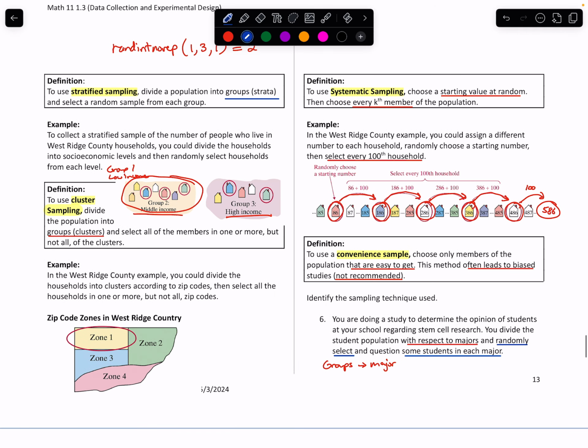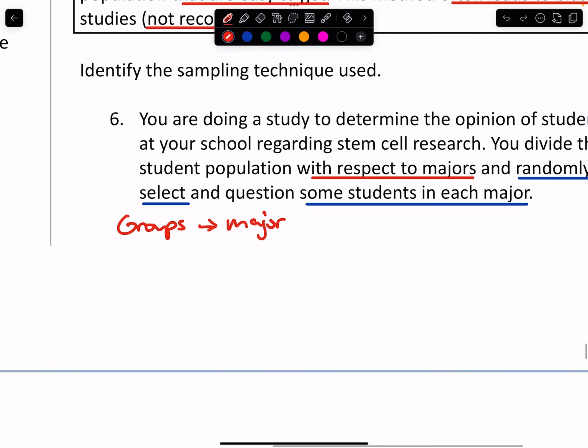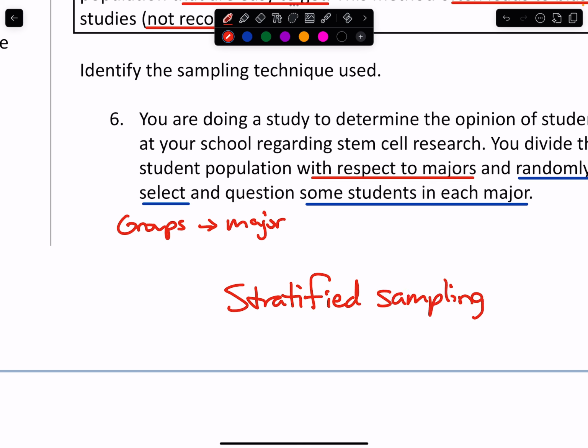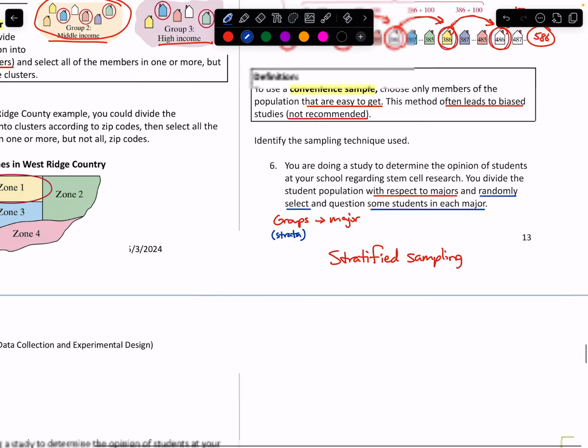Of our examples that we looked at on this page, the one where we group them and then select some in each major would be stratified sampling. We created groups, in this case known as strata, by major, and then selected a couple random kids in each major.